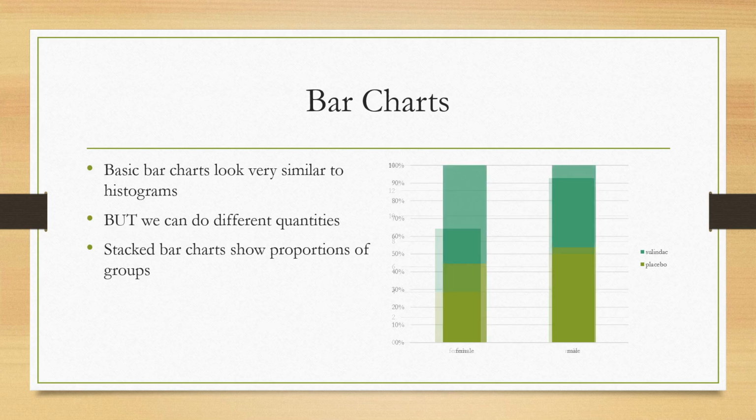So we can do these proportional comparisons, and that's available with a standardized stacked bar chart, where we put the proportions within each group, female and male, as 100, and then look at the proportions within each of them. I can clearly see now that females have a higher proportion of drug than placebo in comparison to the male group.